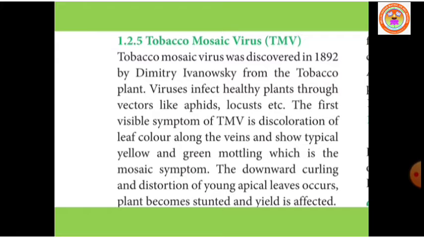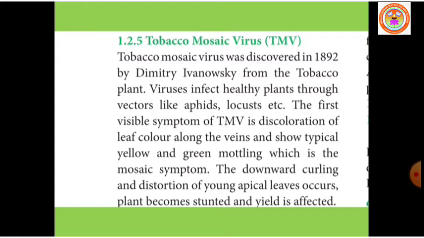Discoloration of the leaf along with the veins shows typical yellow-green mottling, which forms a mosaic pattern. The downward curling and distortion of young apical leaves occurs. The plant shows stunting and the yield is affected. So what are the symptoms?